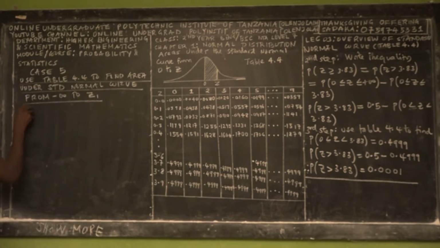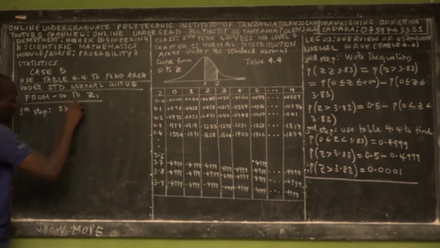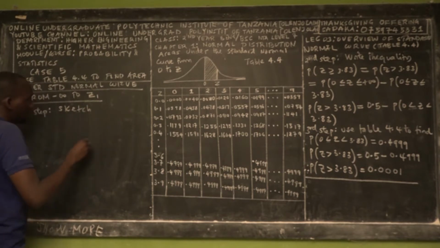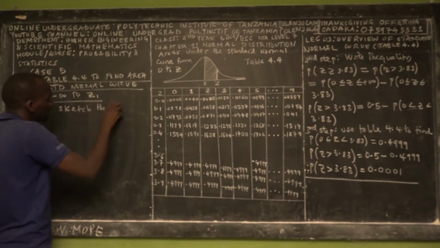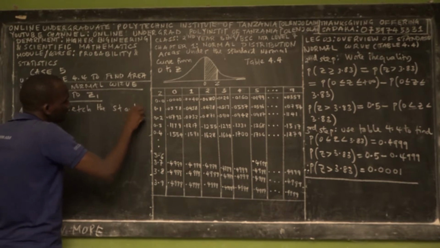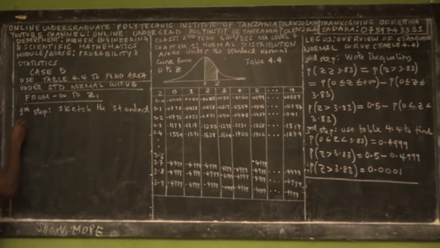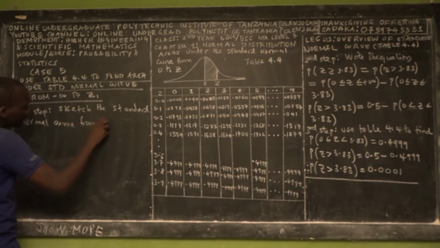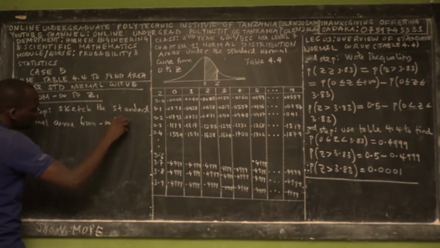So always the first step, we say sketch the standard normal curve, sketch the standard normal curve from negative infinity to 3.1.